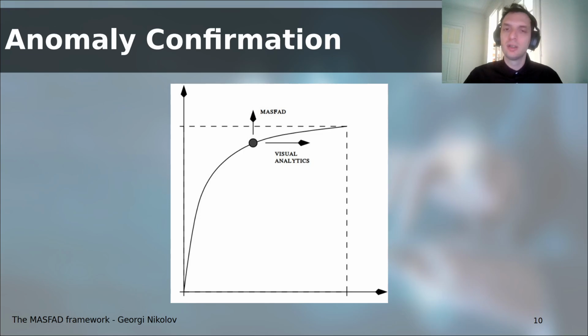So again, the anomaly detection is going to push our ROC curve up, and the visual analytics is going to help move the needle to the right, where more evidences can actually be analyzed by the analyst.